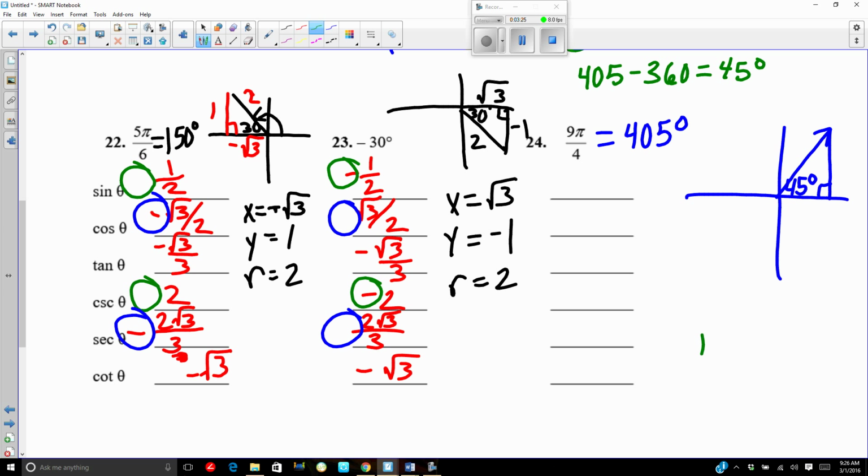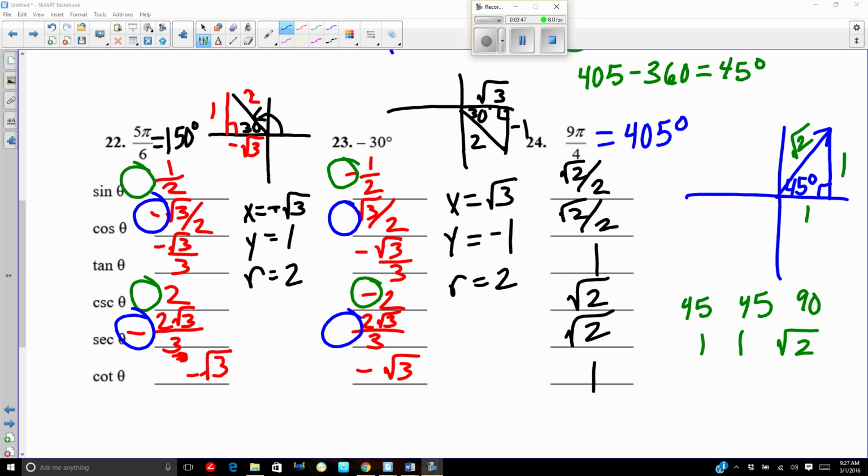So again, the pattern is 1, 1, radical 2. It's not a 30, 60, 90. A lot of using the same pattern for these. Good thing is everything is positive because we are in quadrant number 1. All right, there are your answers to number 24.